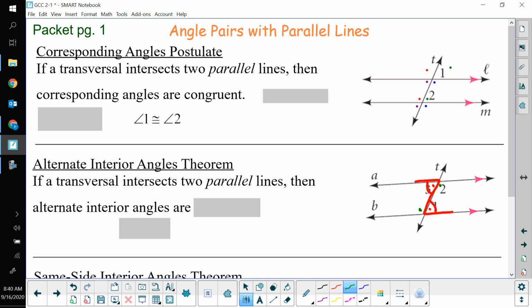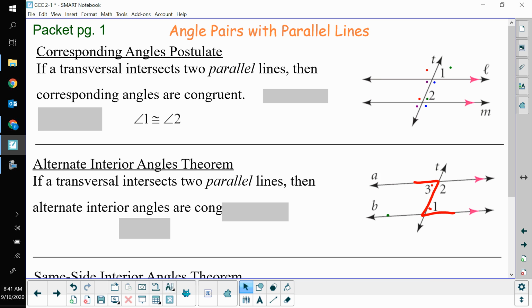I could do my zigzag going the other way, and then those are my alternate interior ones. So if you do your zigzag, that can help you identify your alternate interior angles. The zigzag that we would want to work with based on our labeled ones is this zigzag. This angle and this angle would be alternate interior.